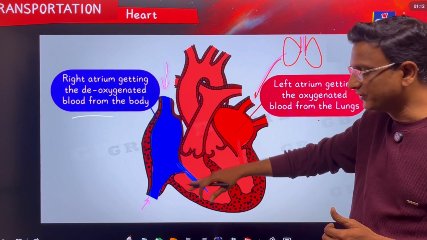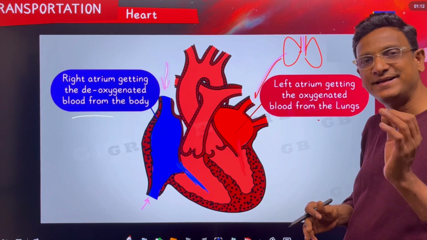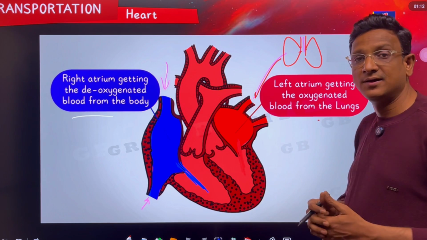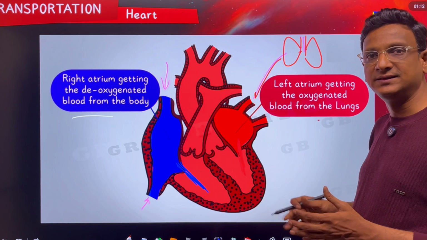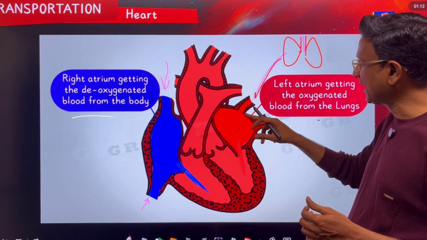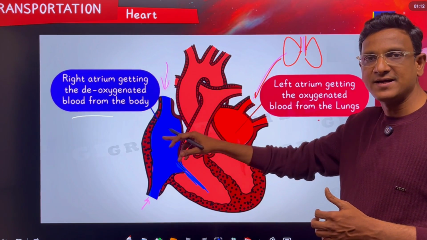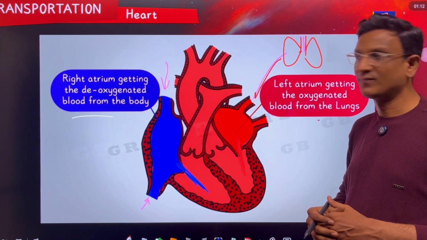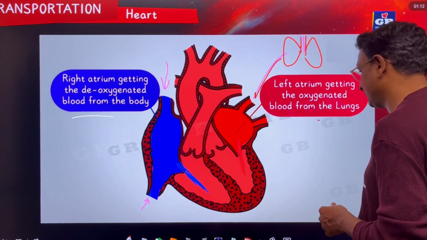So on the right side of the heart, we always find deoxygenated blood. And on the left side, left atrium and left ventricle, oxygenated blood. So the blood flows from atrium to ventricle, right atrium to right ventricle, left atrium to left ventricle. Right, children?